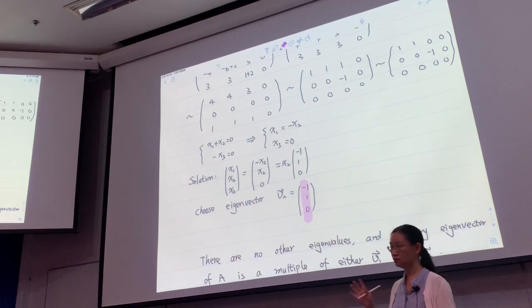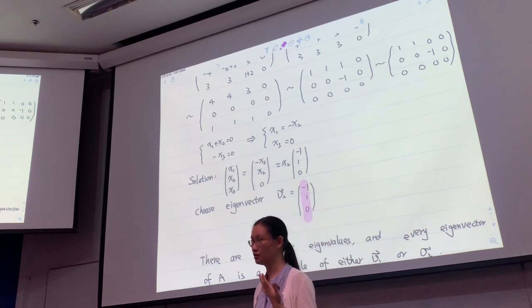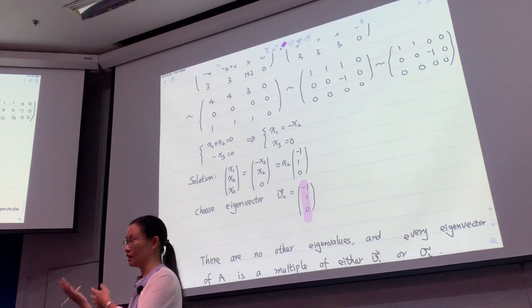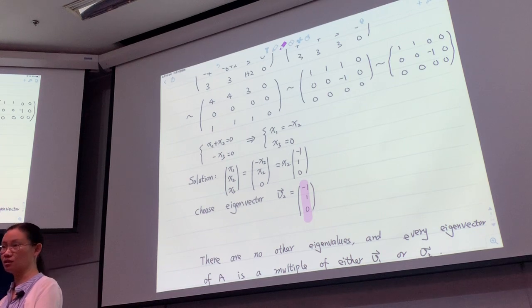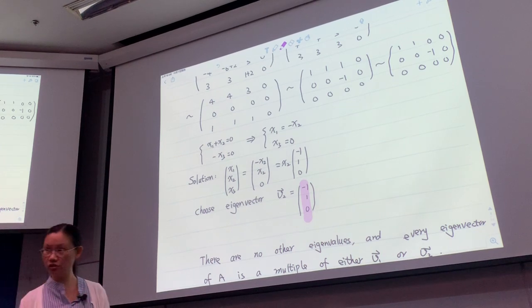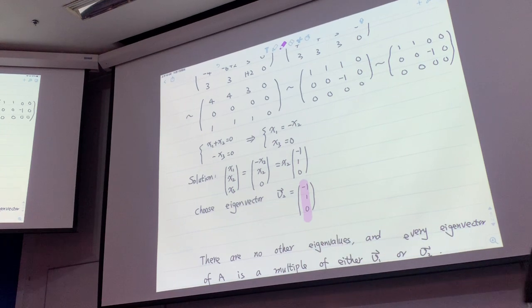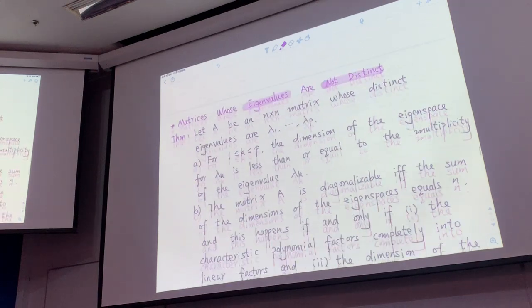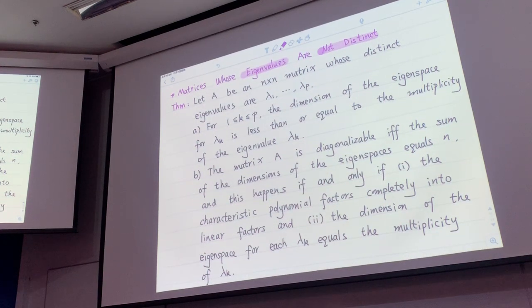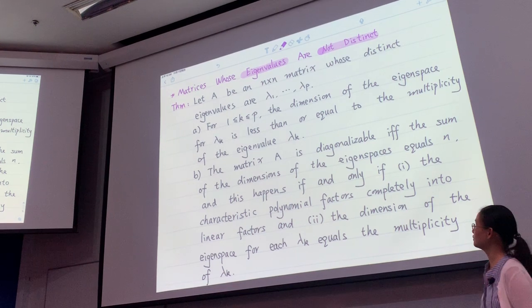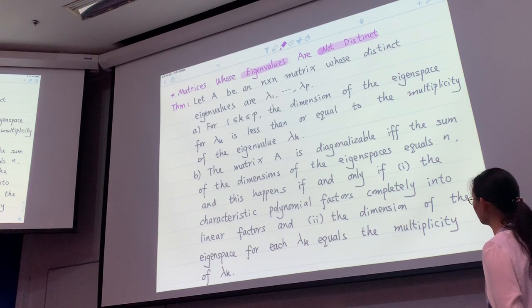So for repeated eigenvalues, some cases are diagonalizable, some cases are not. Under which conditions are they diagonalizable and under which are they not? That's the one. This is the theorem we are discussing. Let A be an n by n matrix whose distinct eigenvalues are lambda 1 to lambda p.